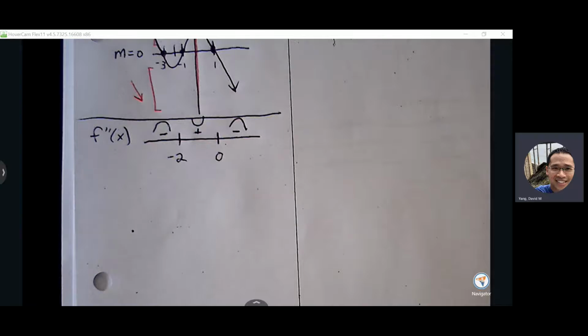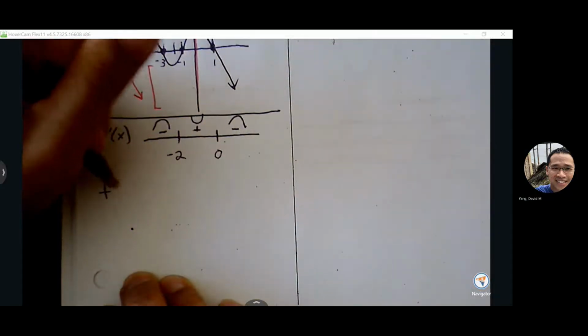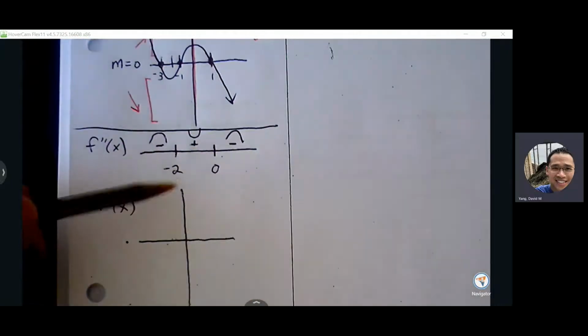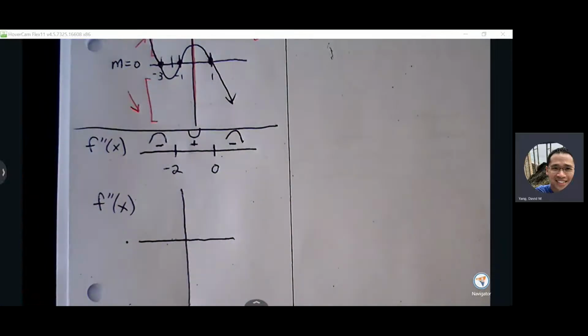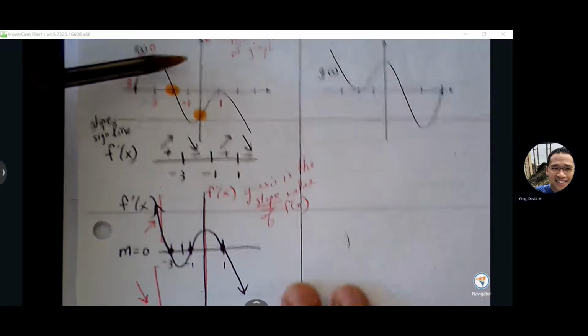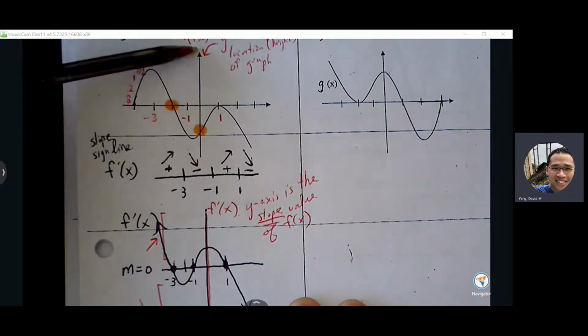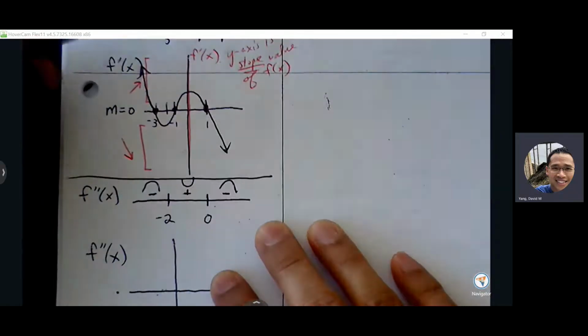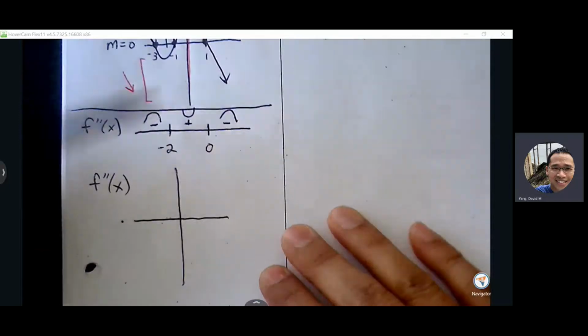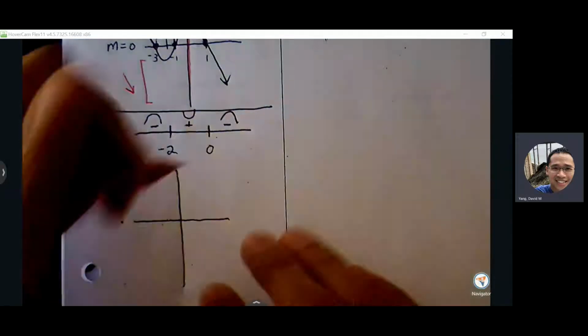Okay, so here's my second derivative graph. Okay, so again, the y-axis is going to change in terms of what it represents. For the original function, the y-axis represents the position. For f prime, the y-axis represents the slope of the original graph. So what do you think the y-axis is not going to represent?